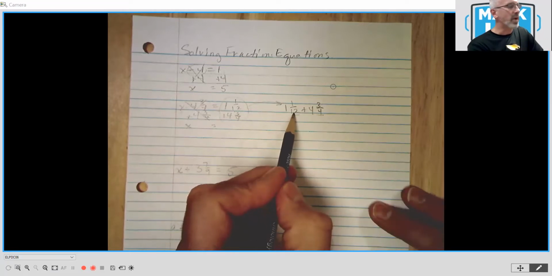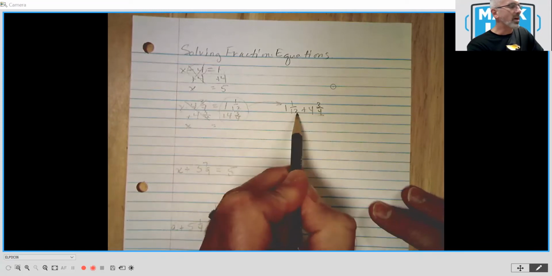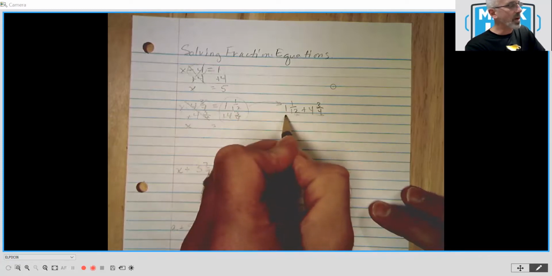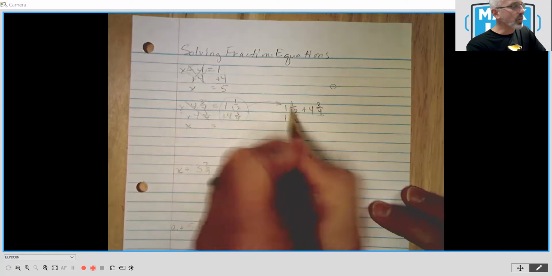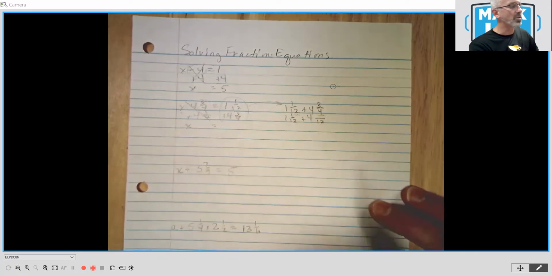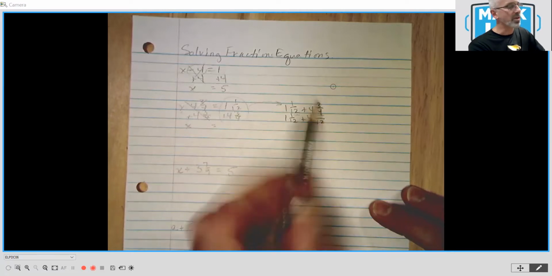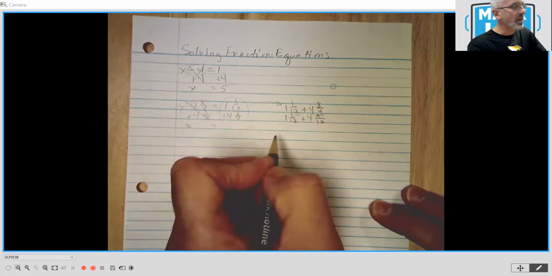But if you need to write out the prime factorization, you can. But what we can see is that our common denominator is going to be 12, our least common denominator. So I'm going to rewrite this as 1 and 1/12, and then this is going to be 4 and something over 12. To get from 4 to 12, we multiply by 3. So therefore, 3 times 3 is 9.